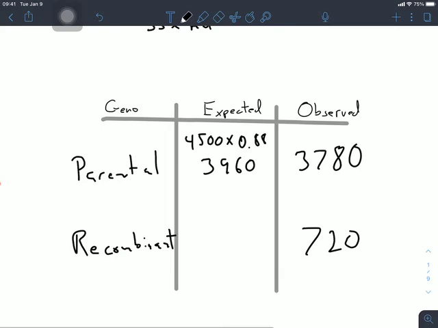For our recombinant types, we have 4,500 times 0.12, giving us 540 in terms of our recombinant types. That would be expected if these two loci were truly 12 map units apart.